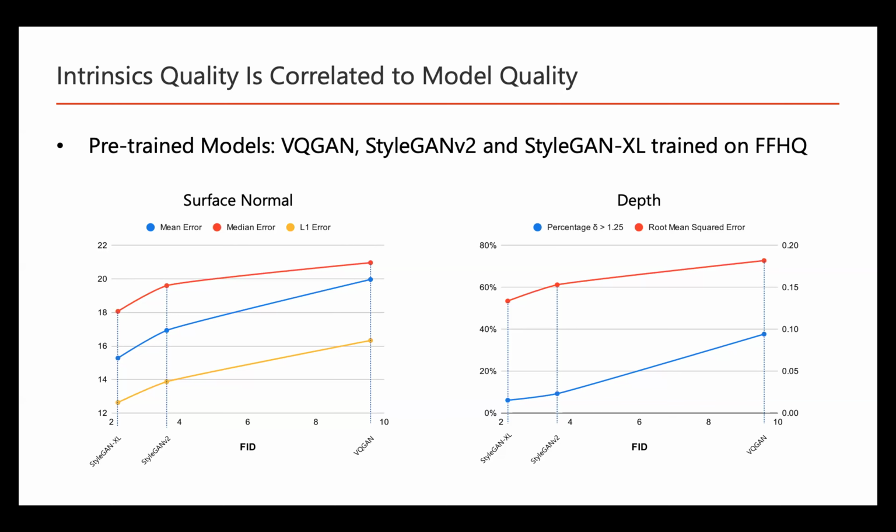For both surface normals and depth prediction, error rises with the model that has higher FID scores. This correlation holds true for a broad range of error metrics. We are showing 5 of them here for both surface normal and depth.